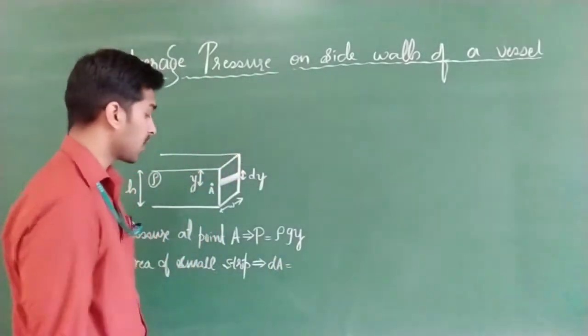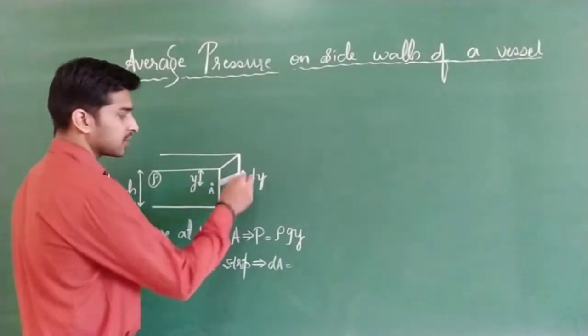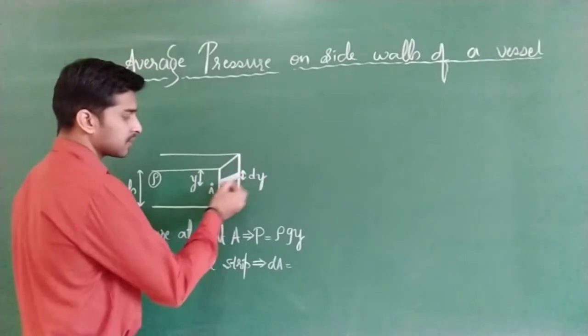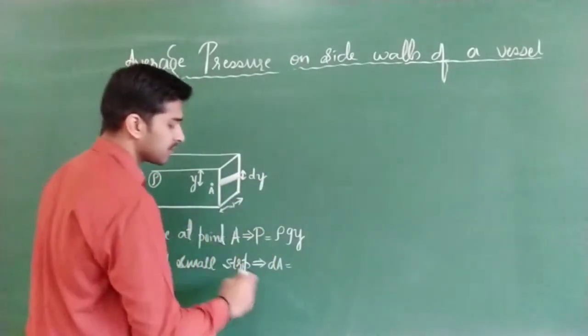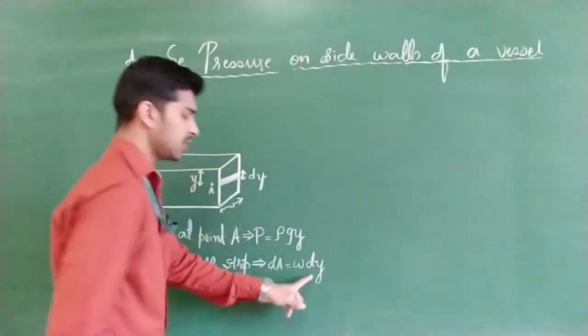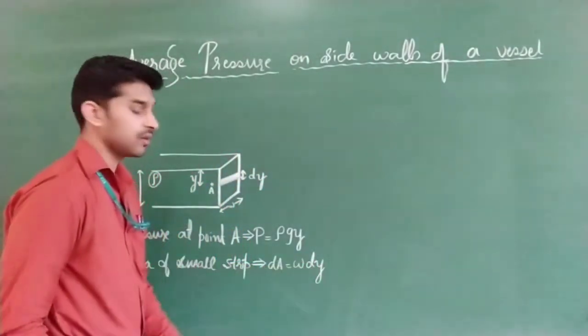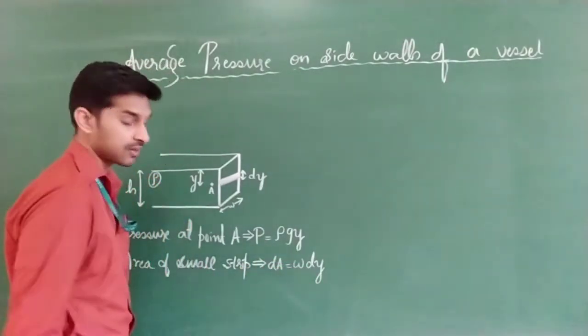The small strip is a rectangle, so area is length into breadth. The length is dy, and the breadth is w. So w into dy. You can write dy into w or w into dy, no difference because it is just a product. Correct?